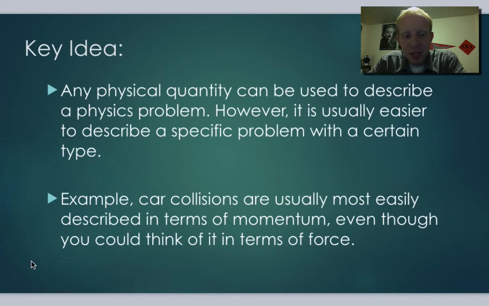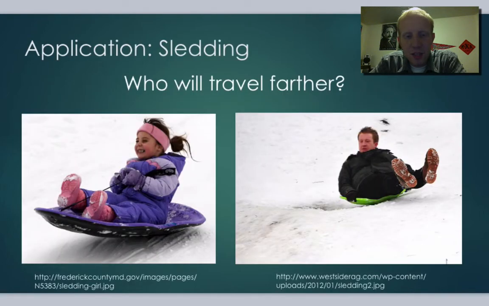Alrighty, so one thing we can think about right now to give us some more intuition about momentum is this scenario. Let's say you're going sledding. It's starting to snow outside a lot in Utah, and some of you may even have been sledding, so just think about this situation that you probably have seen intuitively. Think about a little girl going on a sled that weighs like 30 or 40 pounds.